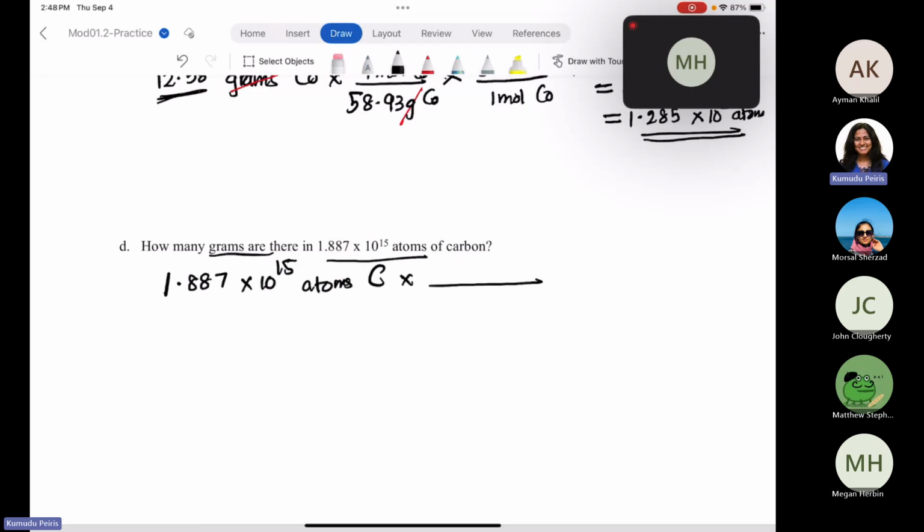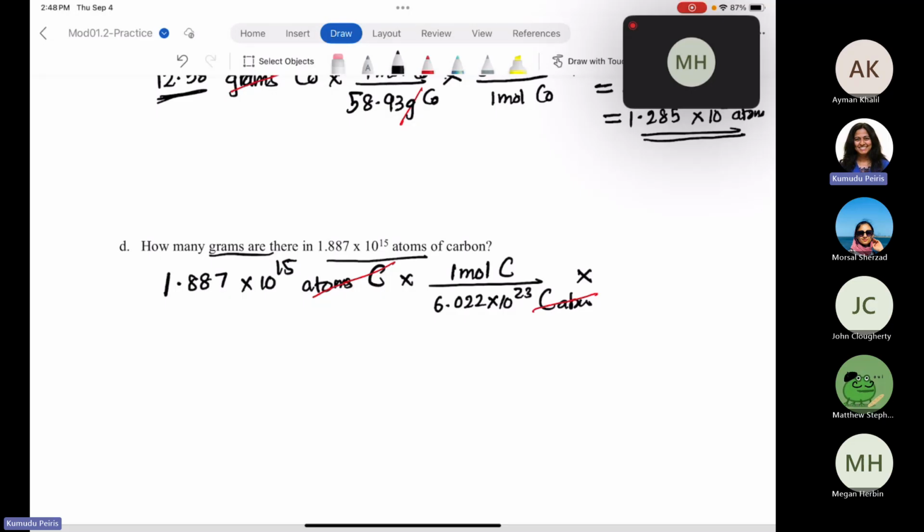So what is the relationship between atoms and moles? We'll take the Avogadro number, 6.022 times 10 to the 23rd carbon atoms equals 1 mole of carbon. So then the atoms of carbon and the atoms of carbon will cancel out.